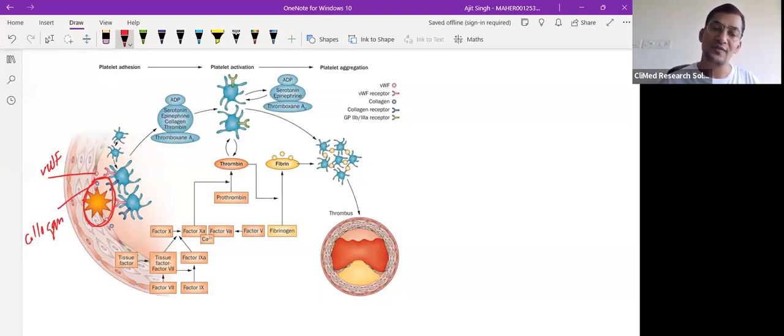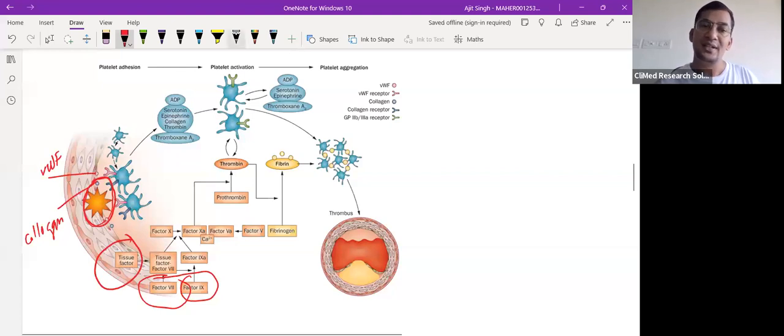And what are those coagulation factors? Those are tissue factor and factor 7 and 9 of the coagulation cascade. So these are all secreted at the injured site.